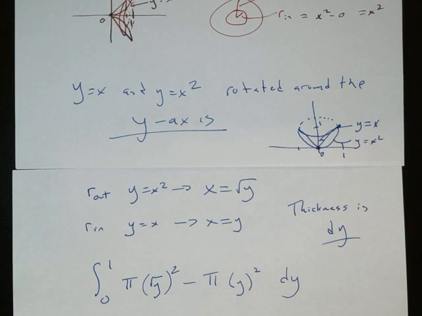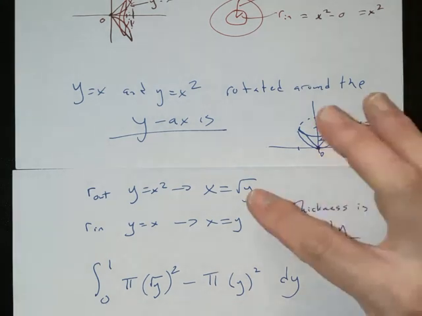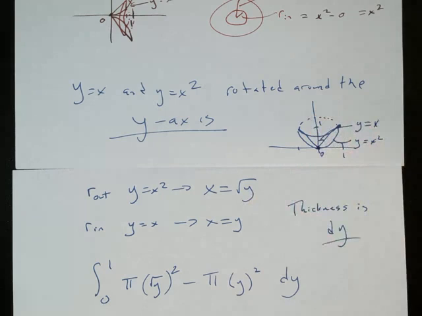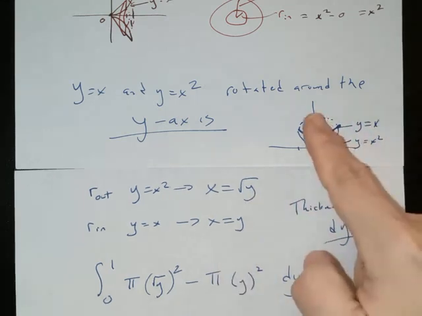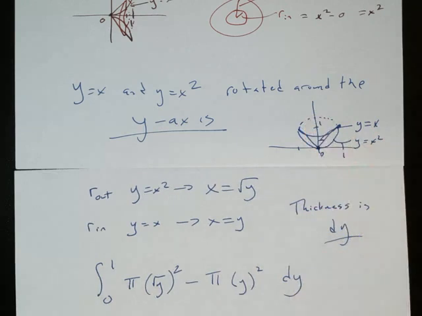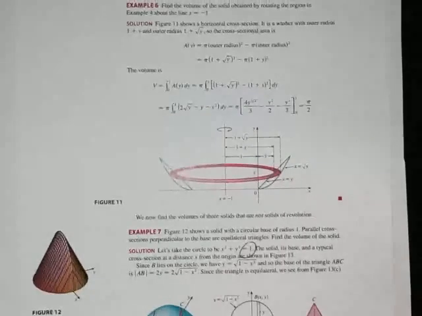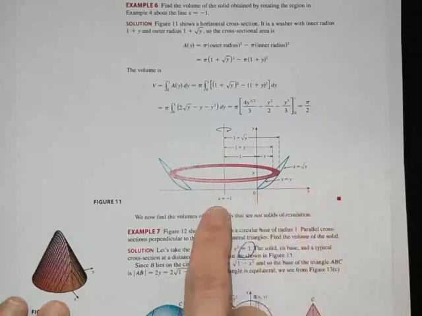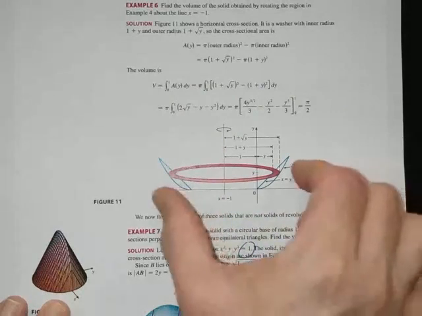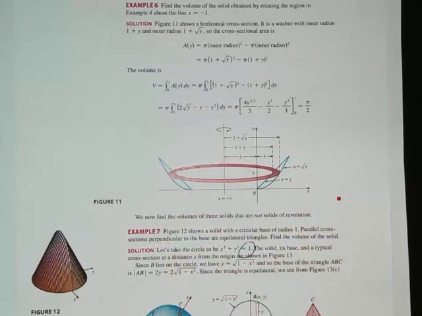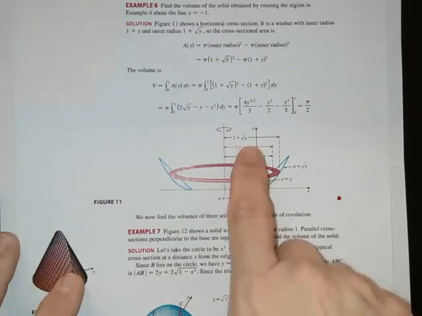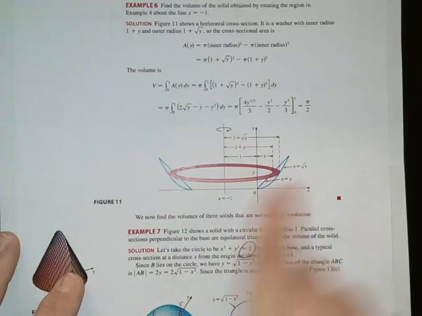Now I did this around the axis, so this is really x minus 0. Yes? And this is x minus 0. But I could rotate around a different line. Rotating around the line x equals minus 1 makes this a much bigger thing, doesn't it? But that changes the inner radius and the outer radius. It's square root of y minus negative 1.